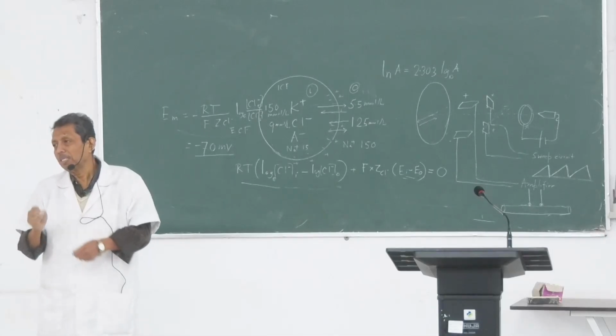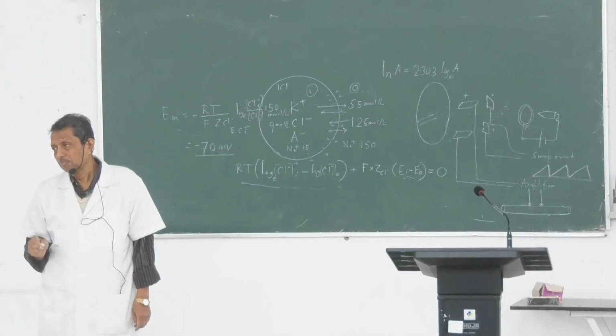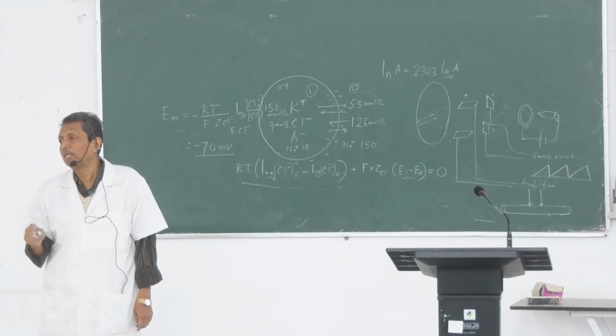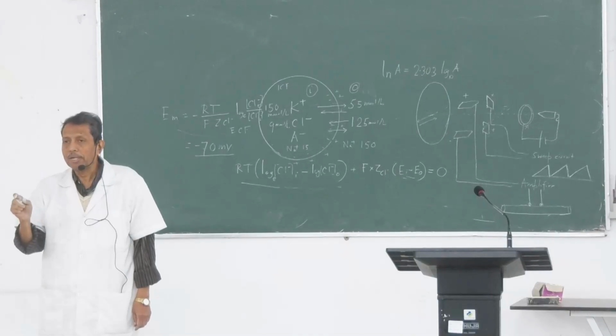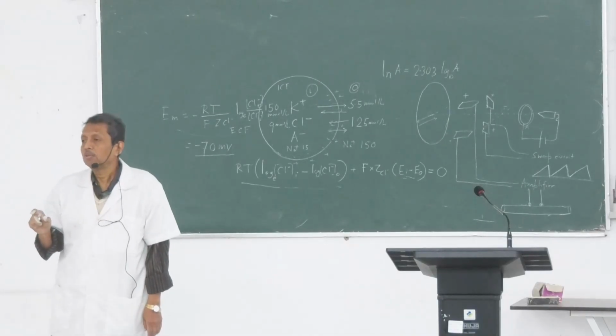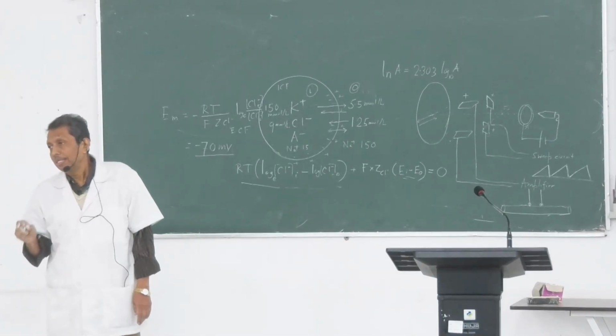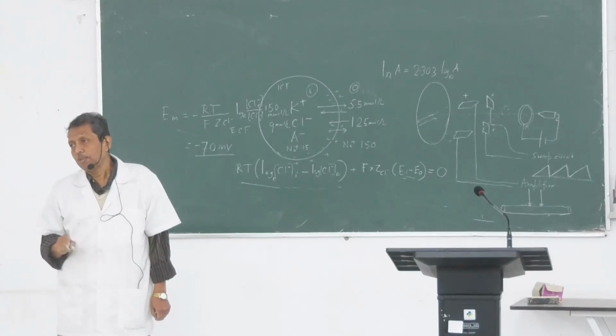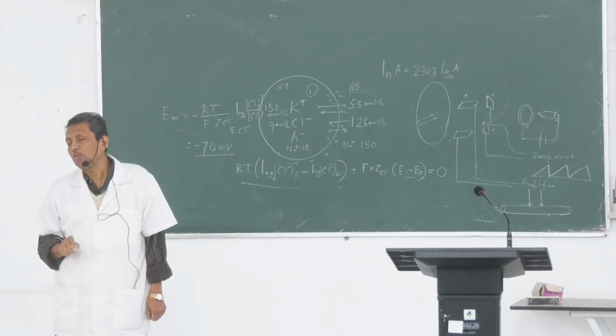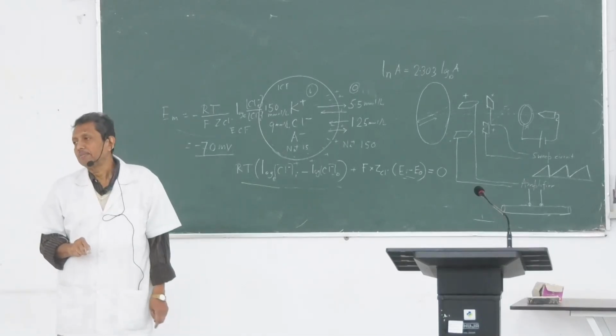So how can you do the experiment? But it has been done successfully over the invertebrate axons, not in our country, but by those who are superior to us in this type of knowledge. They have established this, and everything has been known by their effort.